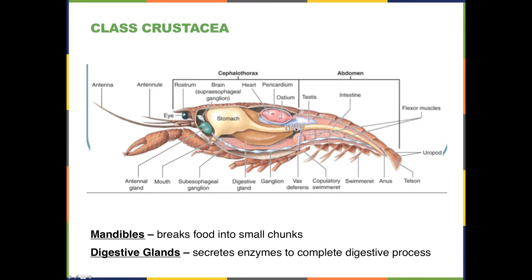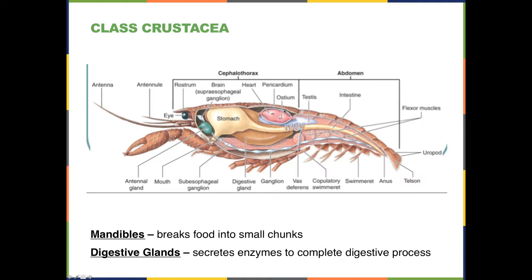As it passes down the intestine here, the usable food is absorbed, and then what's left is dumped out through the anus. So that's the digestive system.